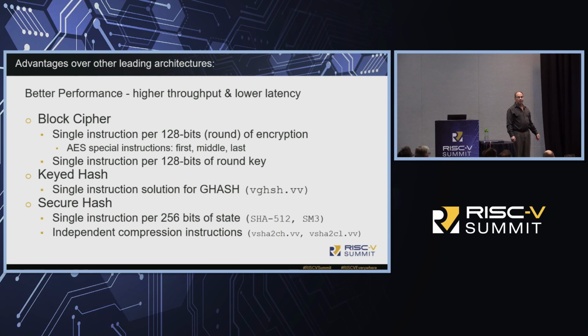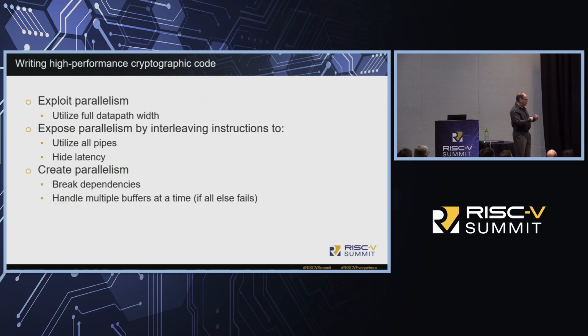The competitors at best do 128 bits. They're not competitors, they're just other leading architectures. And then we have independent compression instructions for SHA-2, which saves you a permute or a slide instruction. So it allows you to have lower latency.